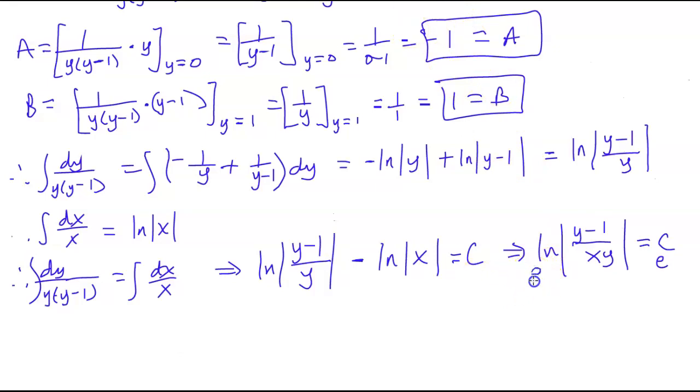We know that e raised to the natural log of whatever is that whatever. So this would end up being this at the end of the day. And on the other side, we'll have e raised to the c, and that is just some constant, okay?